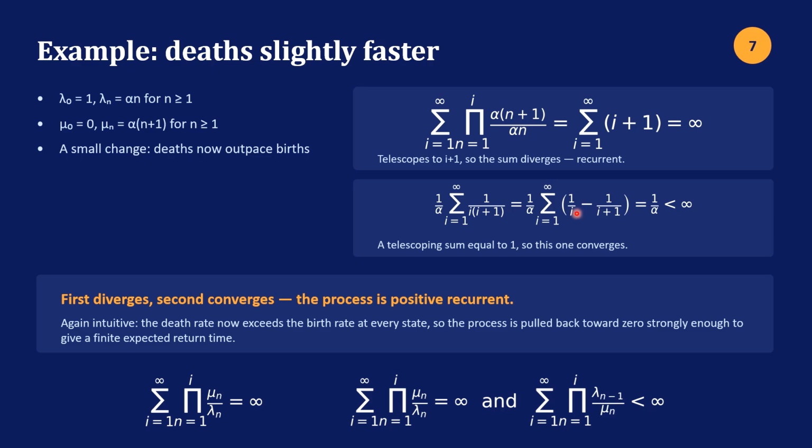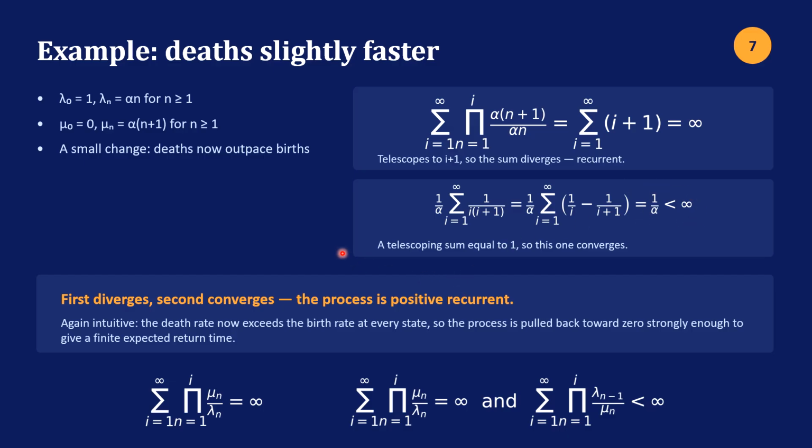So the only thing you're left with is the first term here, 1. You get 1 over alpha. Alpha is a constant, so this is less than infinity. So our suspicion that this change in the example will make the process positive recurrent is borne out here by our calculations.